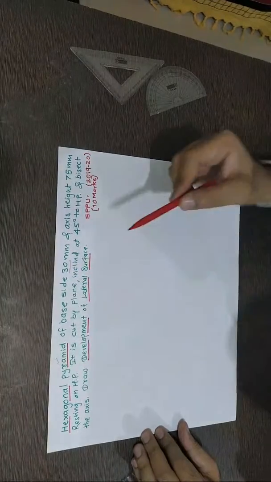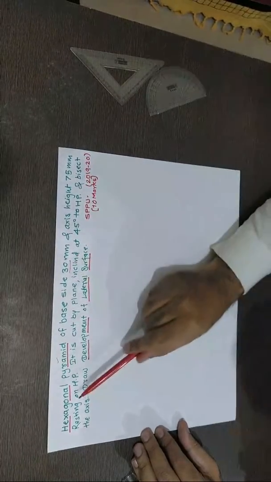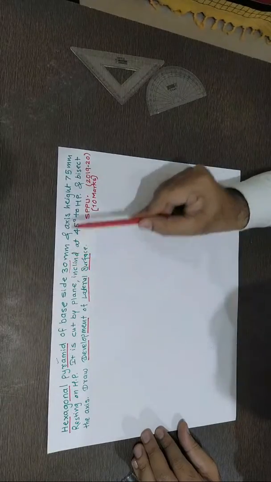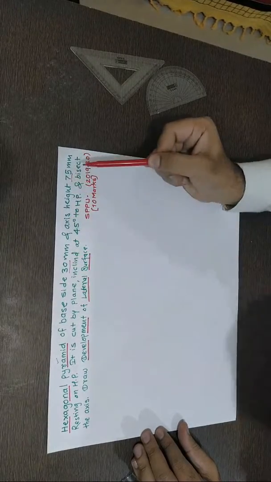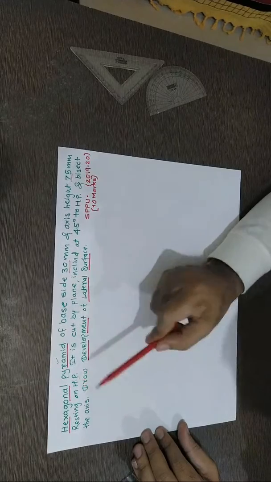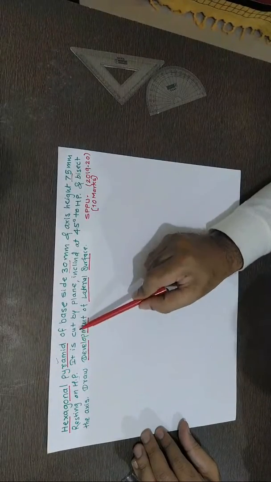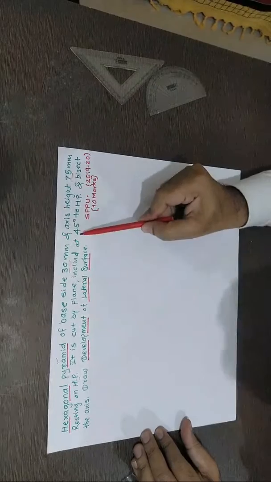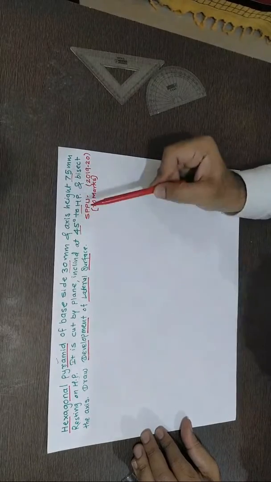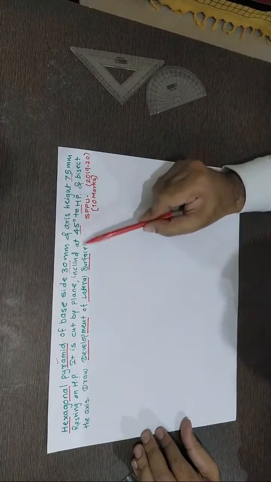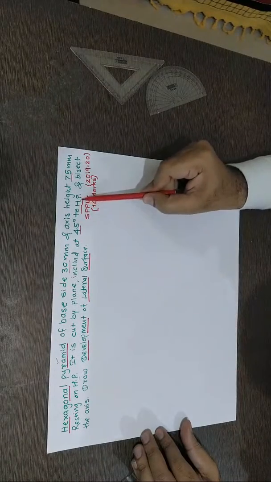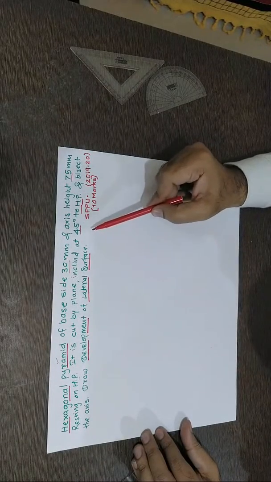First very important thing, shape is hexagon. Base side is 30 mm, axis side is 75 mm. It's resting on HP. It is cut by a cutting plane which is inclined to HP at 45. Very important, a plane position. It makes angle with HP, that is 45.